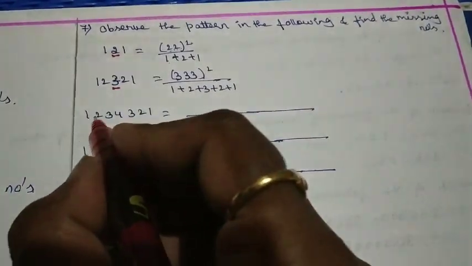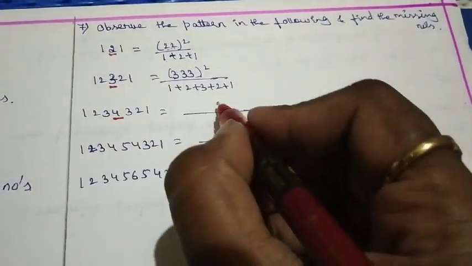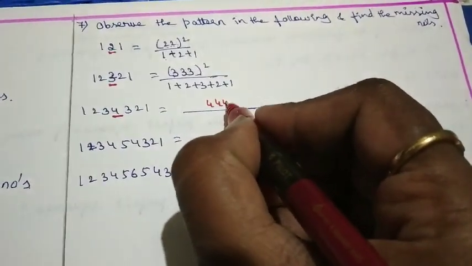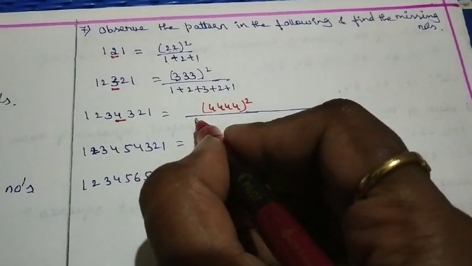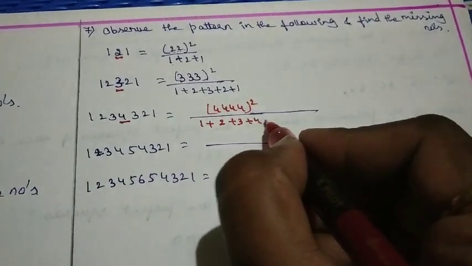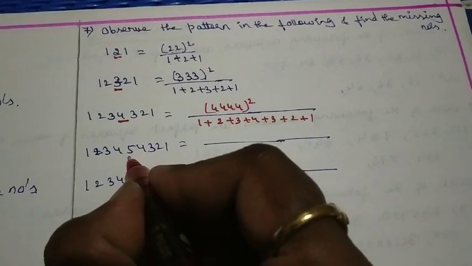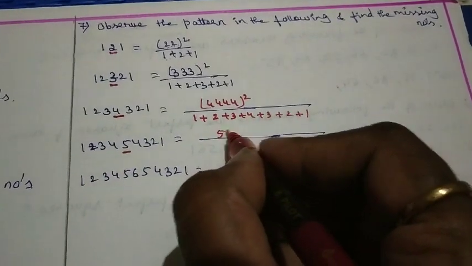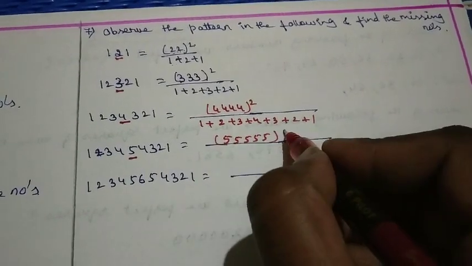Same way here, 1, 2, 3, 4, 3, 2, 1 and the blank is given for 4. So 4 should be repeated 4 times with the square. And down we need to add up all the numbers, 1 plus 2 plus 3 plus 4 plus 3 plus 2 plus 1. Same way here, the blank is given for 5. So 5 should be repeated 5 times to the power of 2.